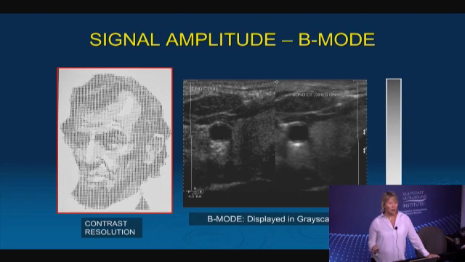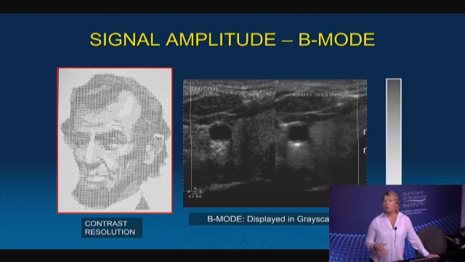And another control that it adjusts is the grayscale assignments. If I'm doing a FAST exam, that is going to involve looking at different structures, some solid, some fluid-filled. Whereas if I'm doing a vascular access exam, I'm primarily looking at fluid-filled structures.